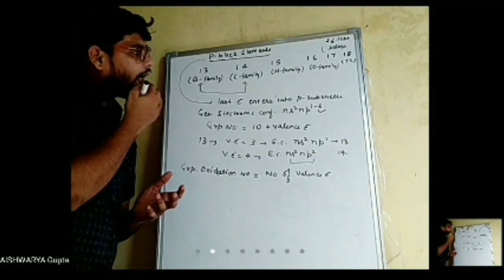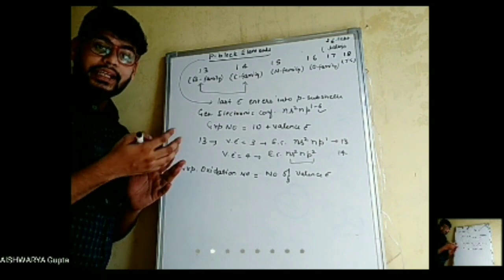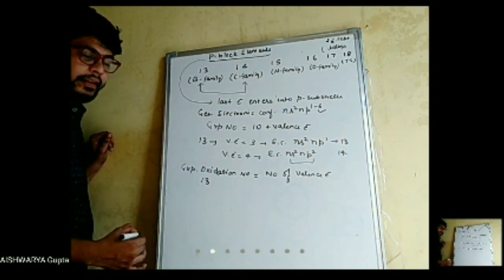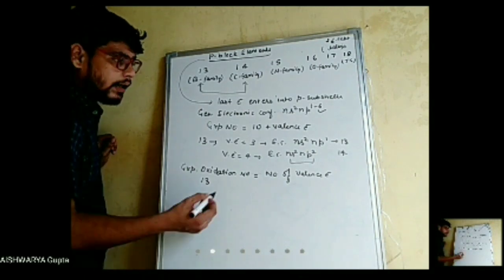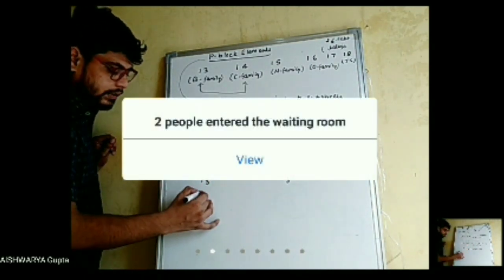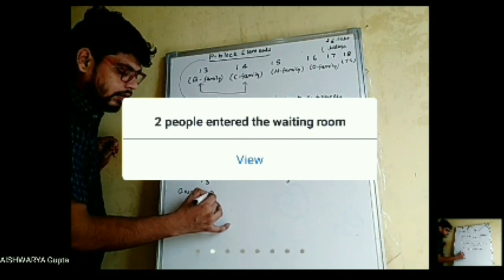Now if I write all the group oxidation numbers of each group: for group 13, how many valence electrons are there? Group number minus 10, which means there will be 3 valence electrons, so the group oxidation number of group 13 will be plus 3.